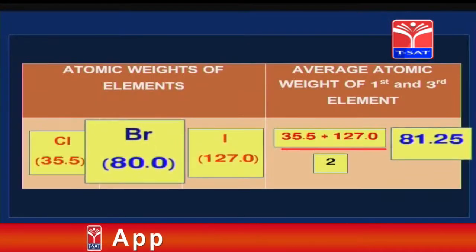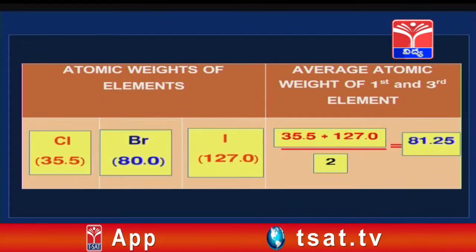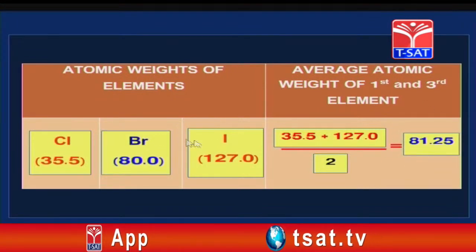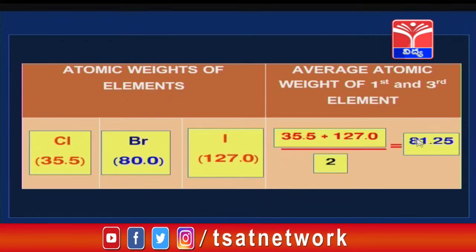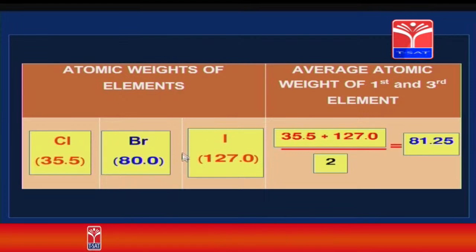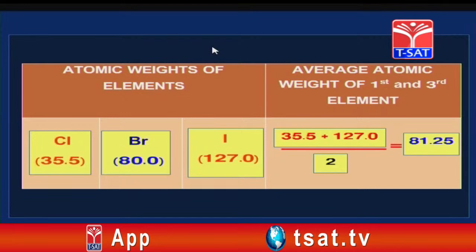Now, chlorine and iodine: the average value is not the same as the weight of bromine. We are getting 81.25, but in the case of bromine we are getting only 80. Therefore, such limitations we observed later on.